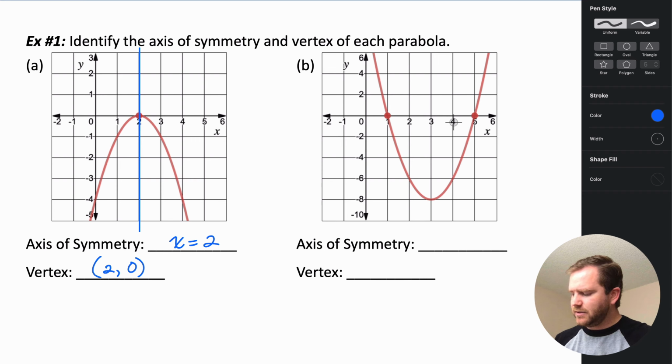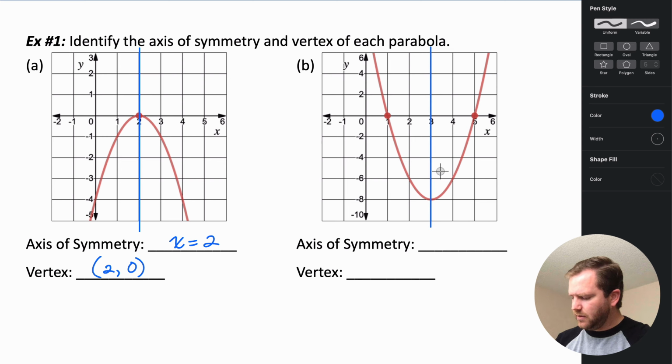When you're given your x-intercepts, or you're given 2 points on your graph, the axis of symmetry is always going to be halfway in between, right in the middle of your two intercepts. We can see that these two are 4 units apart. So if I go 2 units to the left or to the right of my x-intercepts, I will get my axis of symmetry.